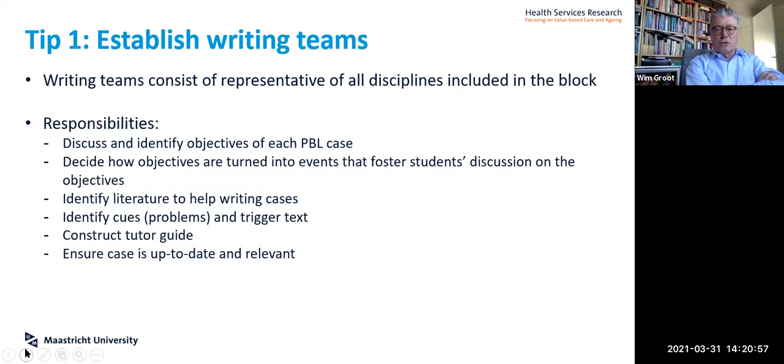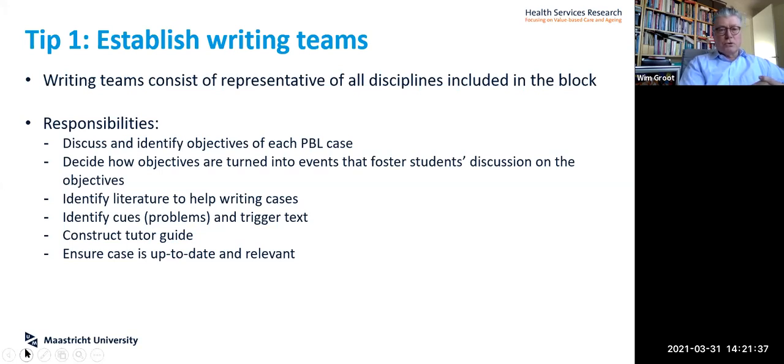Otherwise, the cases should also not be too broad and unspecific, so that discussions can go in all sorts of directions without focusing on the real objectives of the course. So the challenge is to write cases that appeal to the students, that encourage discussion, but also in the end lead to the objectives that you have with the course and the learning goals that you set for the students.